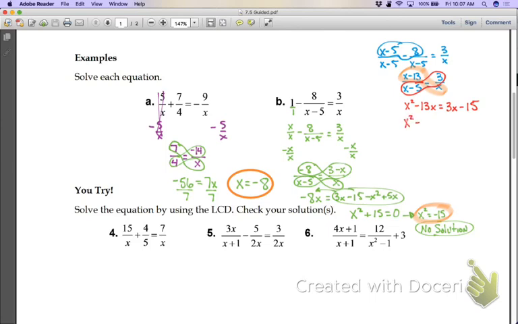I'm going to have x squared minus 13x, or not 13x. What are my values? 15 and 1.